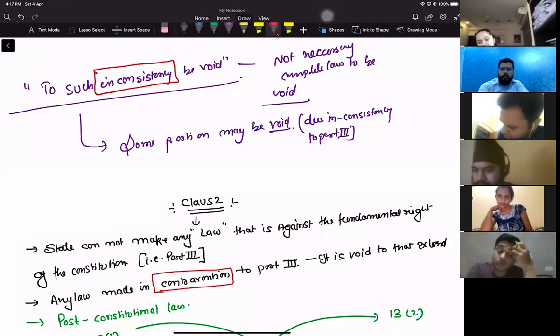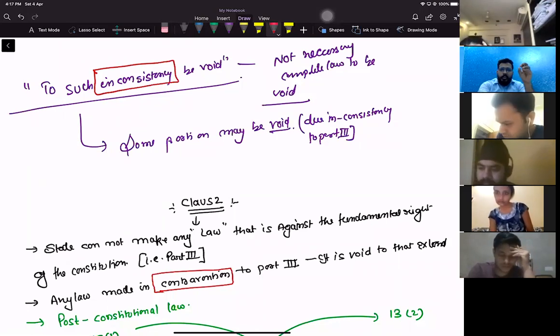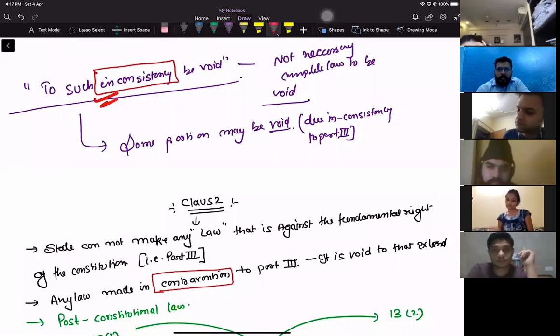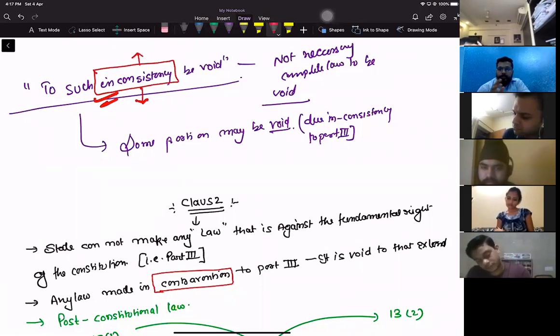Because in both situations they are declaring the law void, but in the first clause they use the word inconsistent, whereas in the second they use the word contradiction, a contravention. Basically they are trying to make you focus that when these laws were existing, the word inconsistency shows that these laws were valid. These laws were valid because at the time they were made, no fundamental right was existing. And now they become inconsistent, now they become unfavorable because the constitution has come into force.